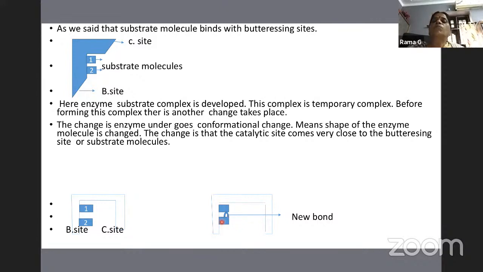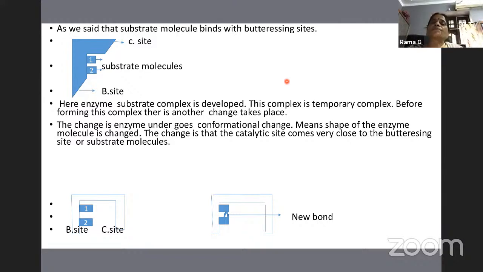That's why, before the formation of the enzyme substrate complex, there is another change, which is called conformational change in the catalytic site. This change alters the shape of the enzyme molecule, and the catalytic site comes very close to the buttressing site or substrate molecule.